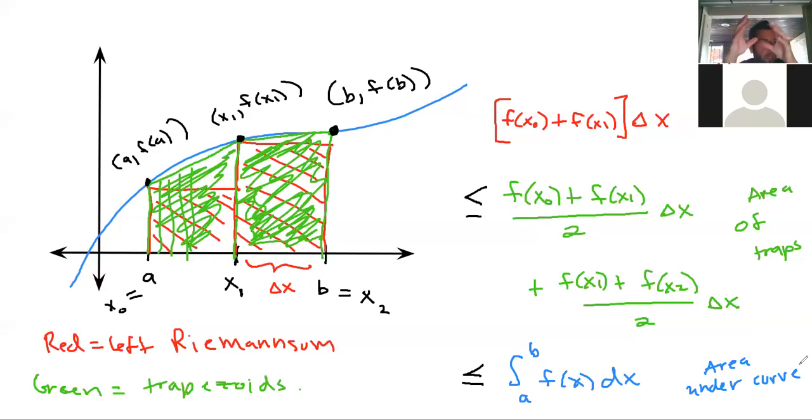So again, I want you to think the red rectangles take up less space than the green trapezoids, and the green trapezoids take up less space than the actual area under the curve.